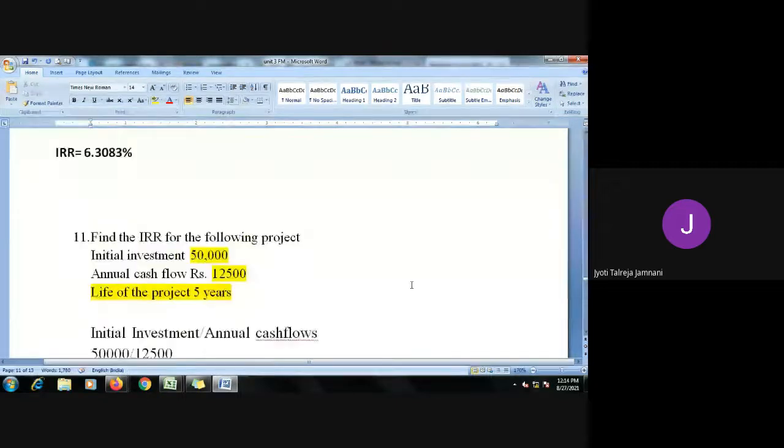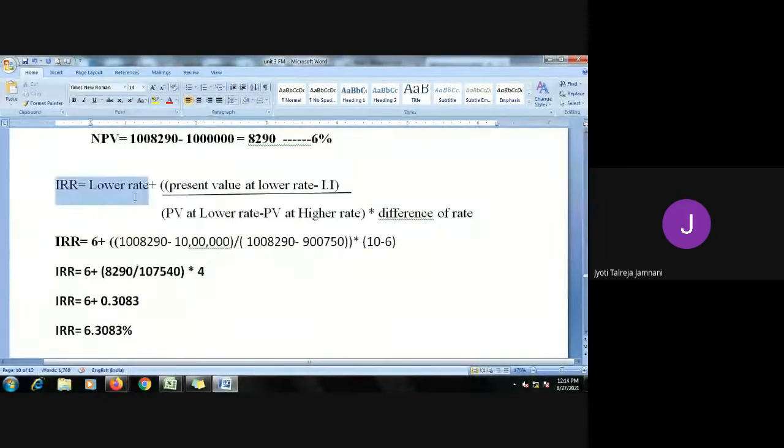Now we can use the formula of IRR and solve for it. So this is the formula for IRR.